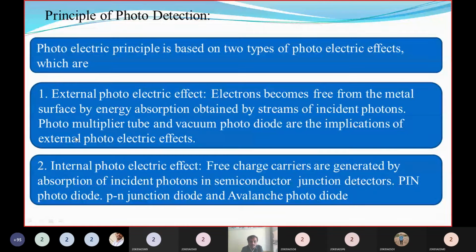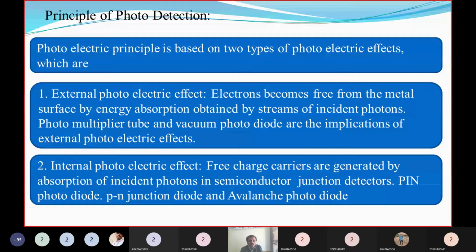See here, in which situations will we observe this? For observing the external photoelectric effect, we should have a photomultiplier tube. If the electron is released and comes out, we should have some kind of tube, so that the electrons will be present inside the tube. Otherwise it will move into space, and if it moves into space we cannot detect it.